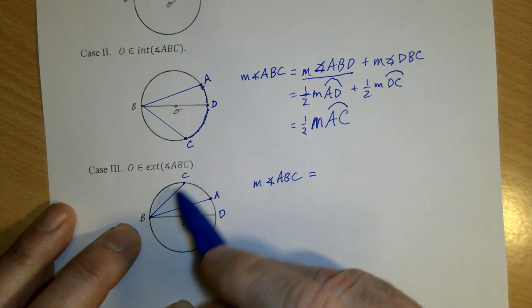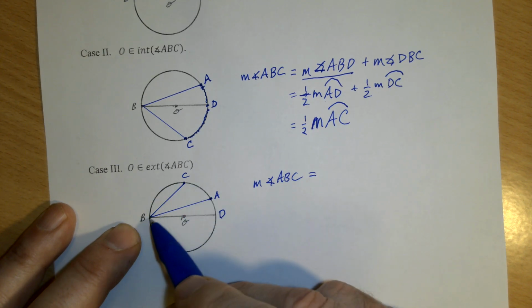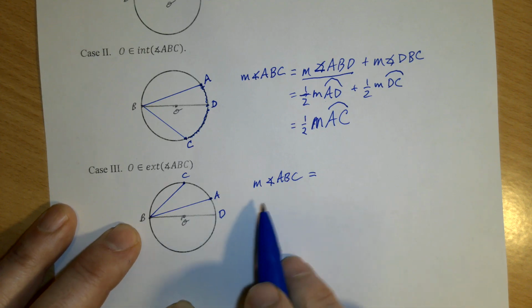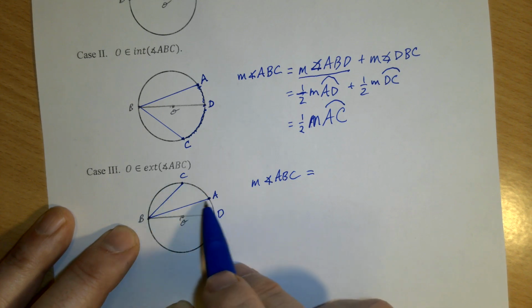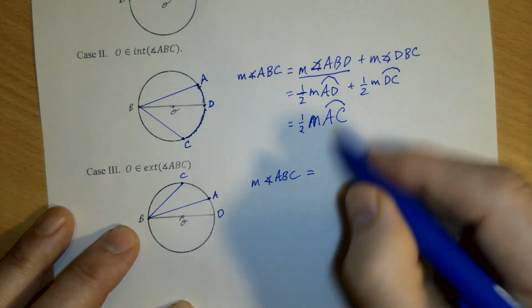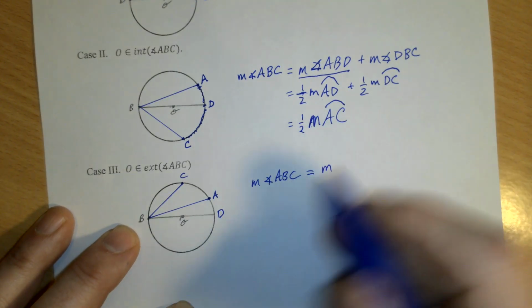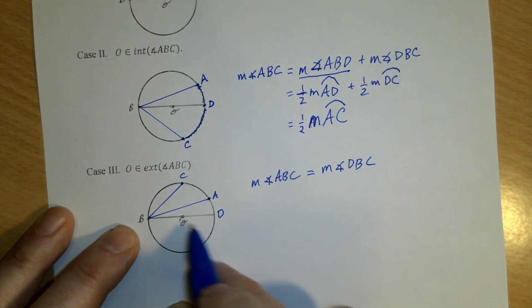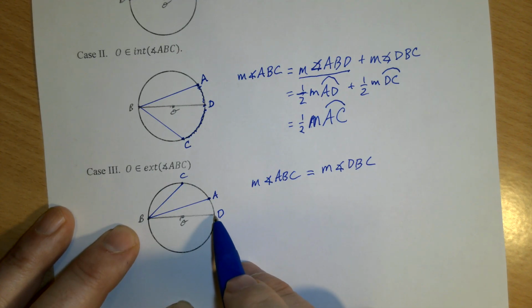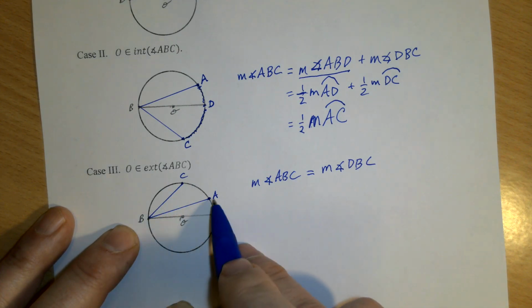It's equal to the measure of CBA plus the measure of ABD. So if I simplify that, the measure of angle ABC is equal to the measure of angle DBC, the big one, minus the measure of angle DBA.